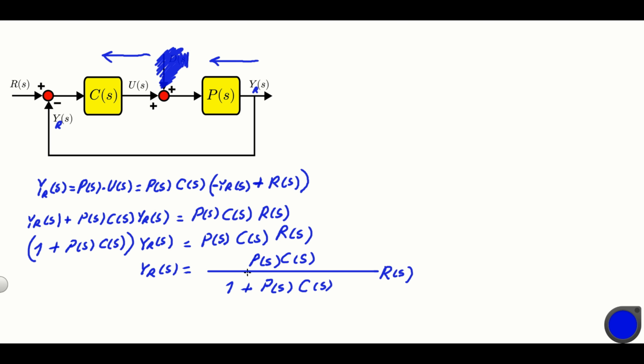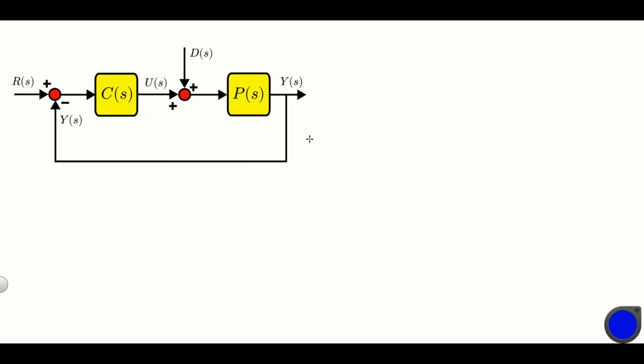Next, we need to compute y_d. To compute y_d, we assume that r of s doesn't exist, that is, we set it to 0, and we proceed in a similar fashion. Now y becomes y_d, as over here. And again, we go backwards, and let's see what we have. We have that y_d of s is equal to, here we have to be careful.